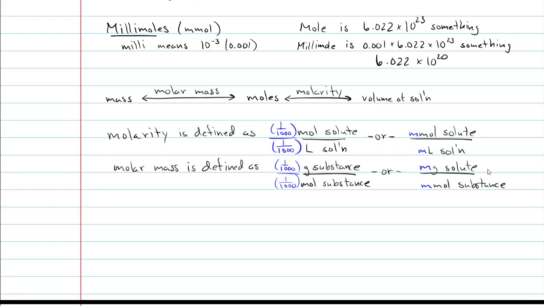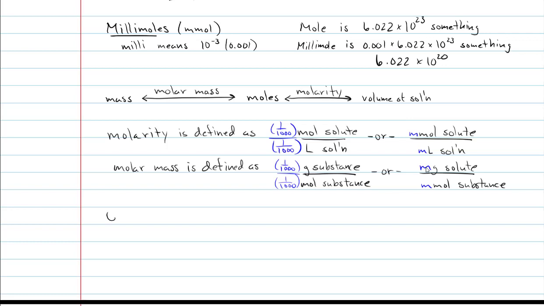Now, to be clear, these millis can be canceled out just like you can cancel out units or you can cancel out equal values. Because as I've said a couple times here, milli simply means 1,000th. So those two m's right on top of each other can cancel and just give you back moles over liters. So that means that these are exactly the same values.